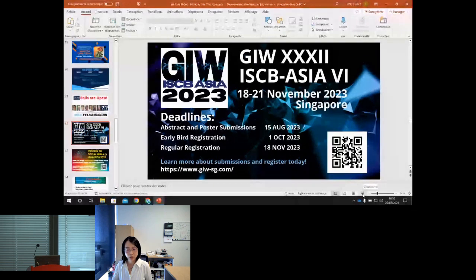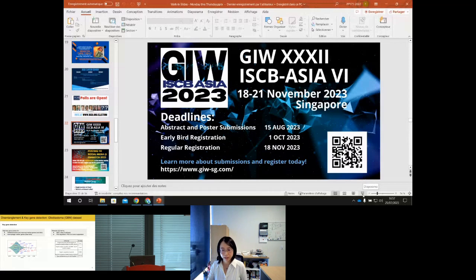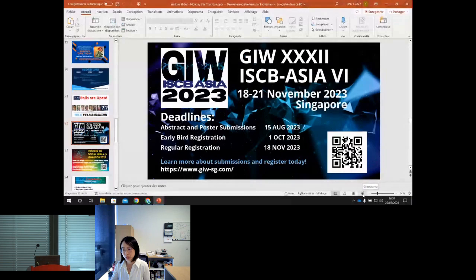In this violin plot, I'm showing the scores of all the genes, and the genes that have high scores, highlighted by blue and red dots, are known markers associated with biological processes in this data set. We also performed gene ontology analysis on the top scored genes, and we observed that we can find GO terms that are very relevant.